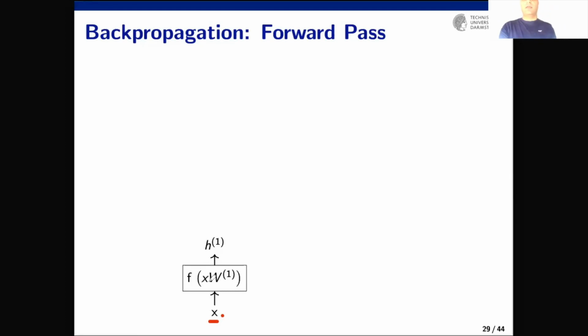We multiply x by a weight matrix W1, the weights that we have for the first layer, and then we give the output of this multiplication to an activation function. So f could be a hyperbolic tangent, or f can be a sigmoid function. Let's call the output h1, or hidden variable 1, right?